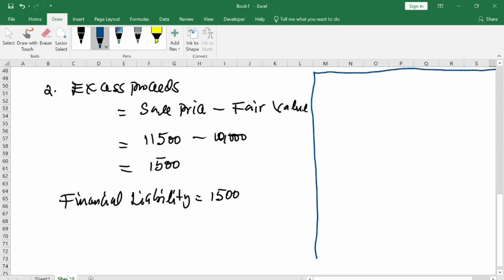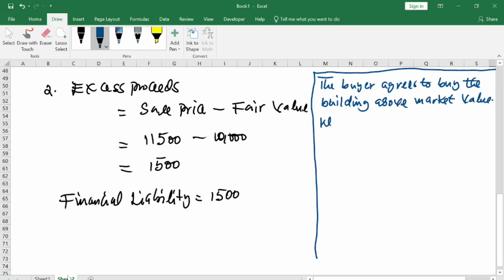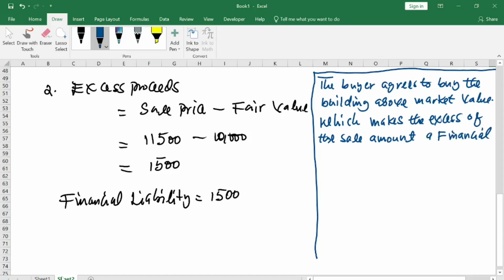The idea is that the buyer agrees to buy the asset or the building above market value, which makes the excess of the sale amount a financial liability.